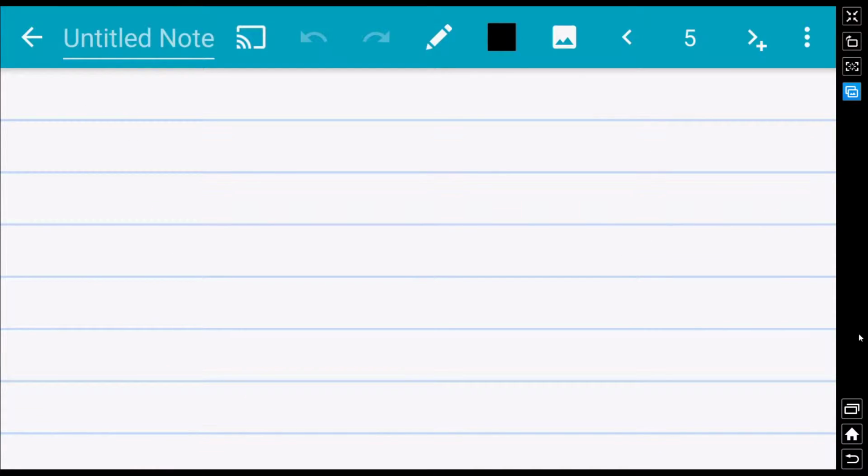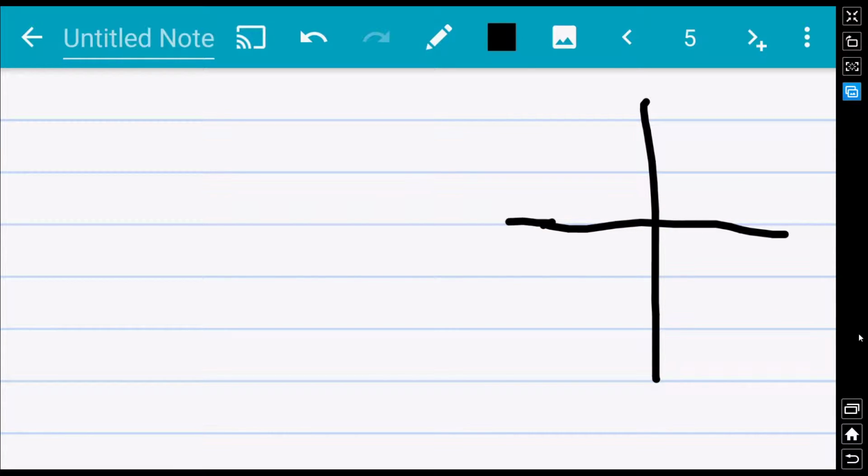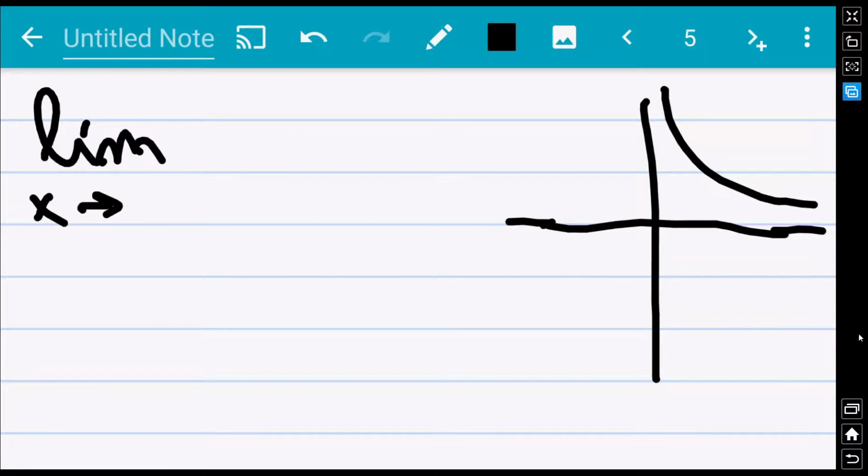There's more though. If we look at the graph again, we don't necessarily have to stick to 0. We can say lim as x approaches infinity. So our x value goes to infinity over there. Then what does y approach?